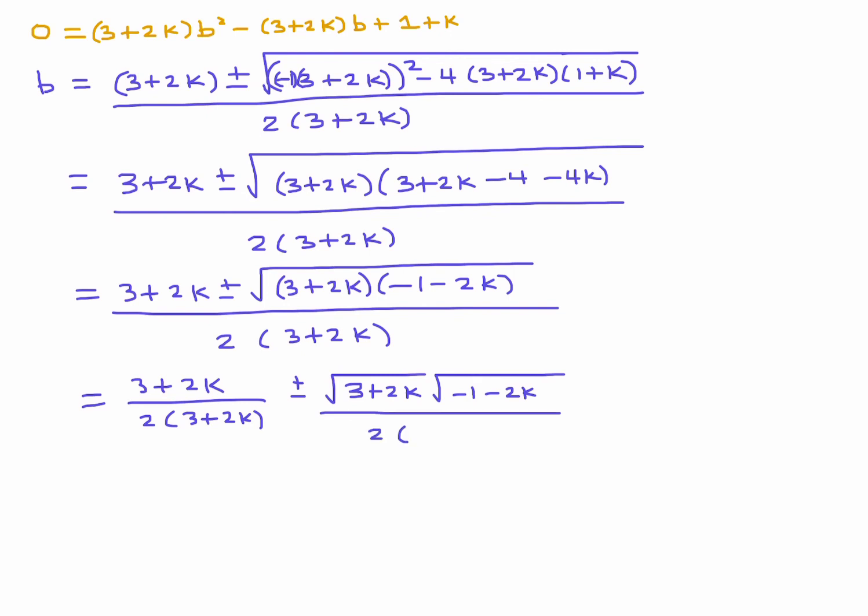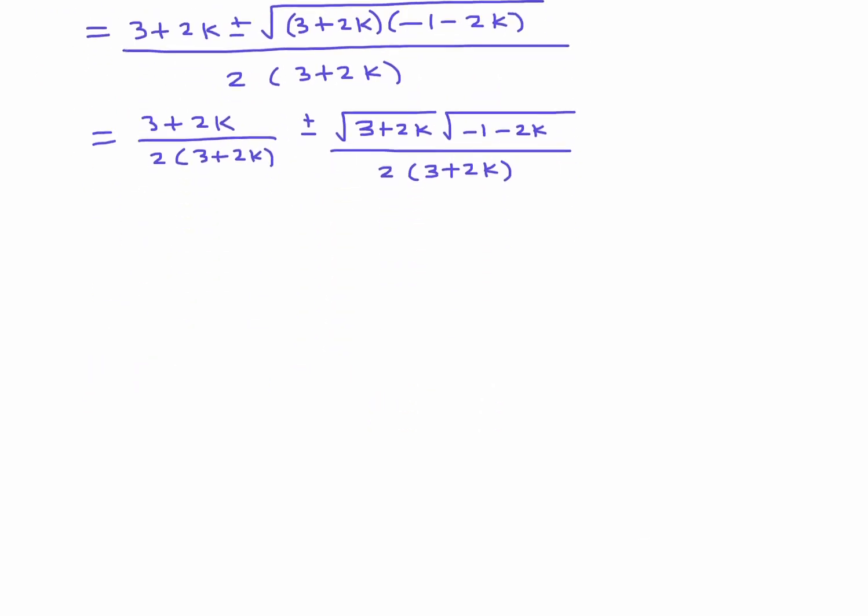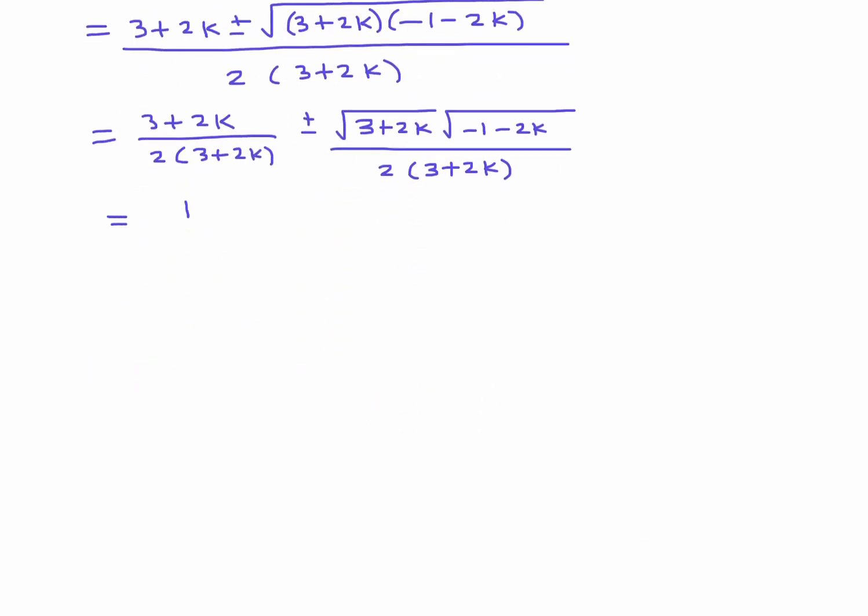And then this is going to be over 3 plus 2k. Okay? And when you do that, this becomes just a half, so that's great. And then this becomes, let's see here, minus 1 minus 2k, and all over the root of 3 plus 2k. Yeah, there you go. That's about as far as I can get.